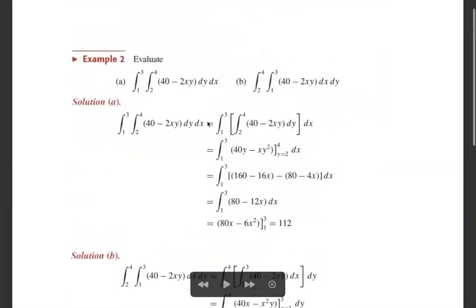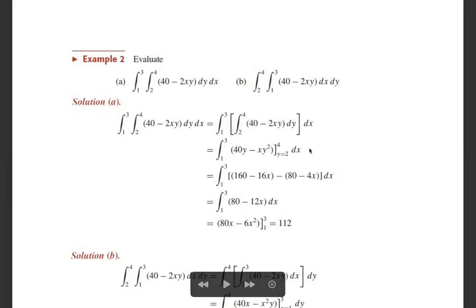Integral from 1 to 3, 2 to 4, 40 minus 2xy dy dx. First integrate the function 40 minus 2xy with respect to y, treating x as a constant function. So integral of 40 with respect to y is 40y minus 2x into y square by 2, the 2 cancels, equal to xy square, from 2 to 4.